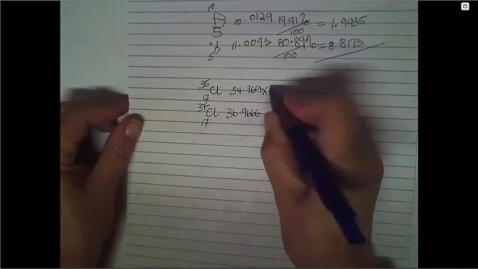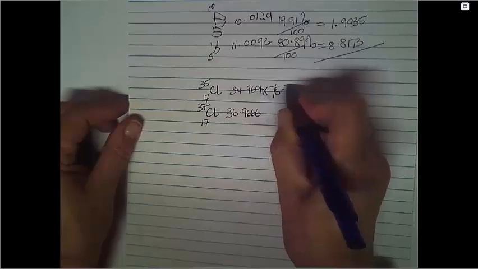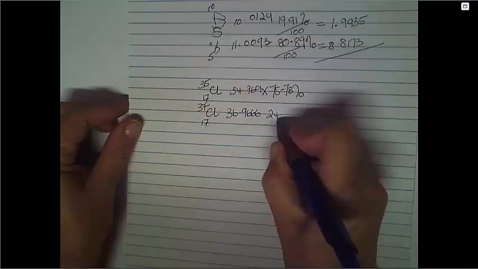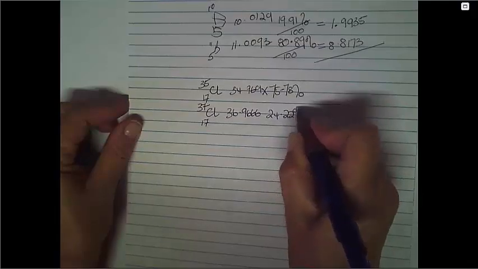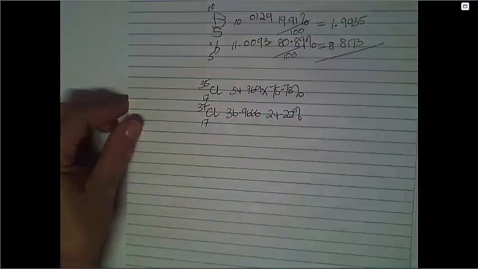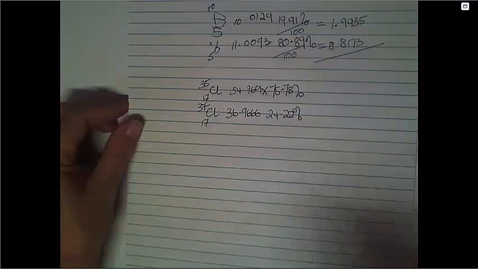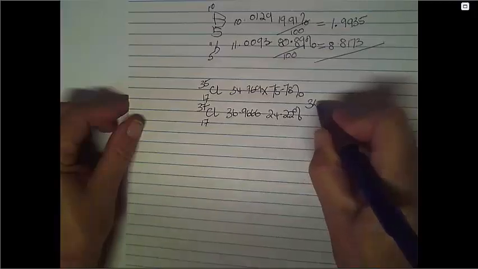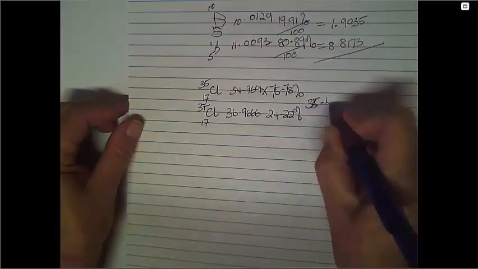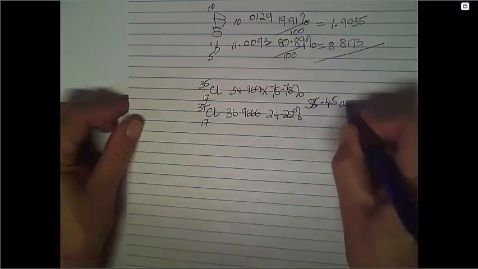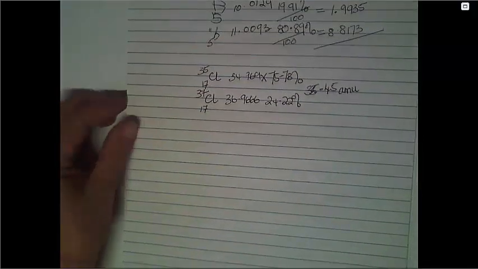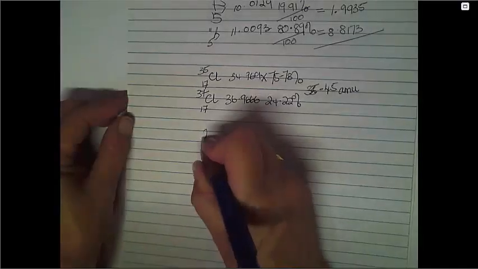Percentage abundances 75.78% and 24.22%. Once again, multiplying out as shown, which you must do yourselves, should give you the value of 35.45 atomic mass units.